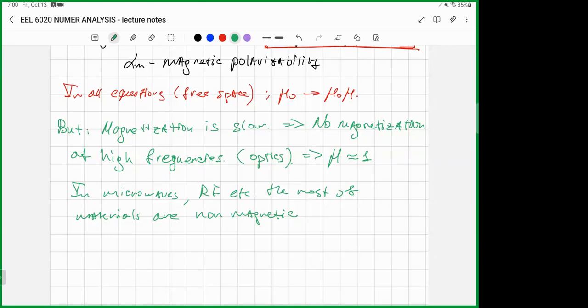They are lossy, and usually we don't use materials that can be magnetized for purposes other than their effects associated with magnetization.